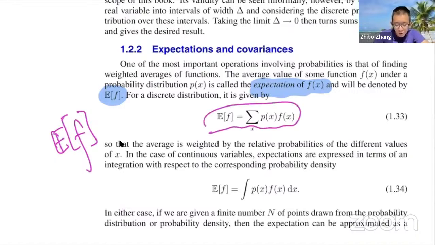This expectation is basically a weighted average of all the possible values of f(x), where the weight is the probability that x appears with that value, so that the average is weighted by the relative probabilities of the different values of x. In the case of continuous variables, expectations are expressed in terms of integration with respect to the corresponding probability density.